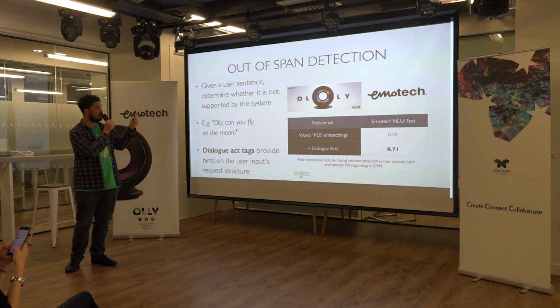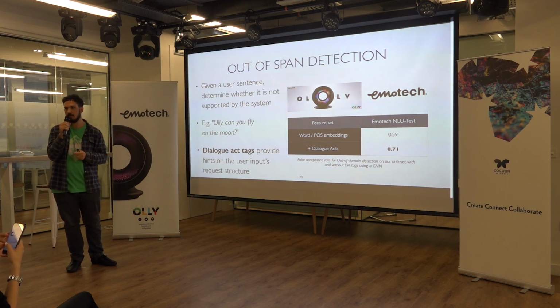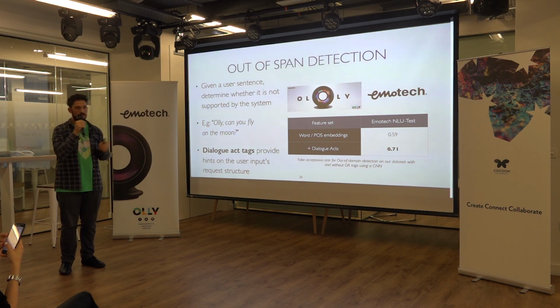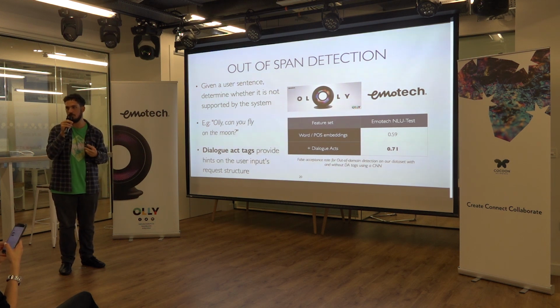And we also have out-of-domain detection, which is currently our main research focus at Innotech. So when building Ollie's NLU system, we're trying to make Ollie aware of what the user is saying. One of the hardest things is trying to understand when the user is trying to do something that the system doesn't support.